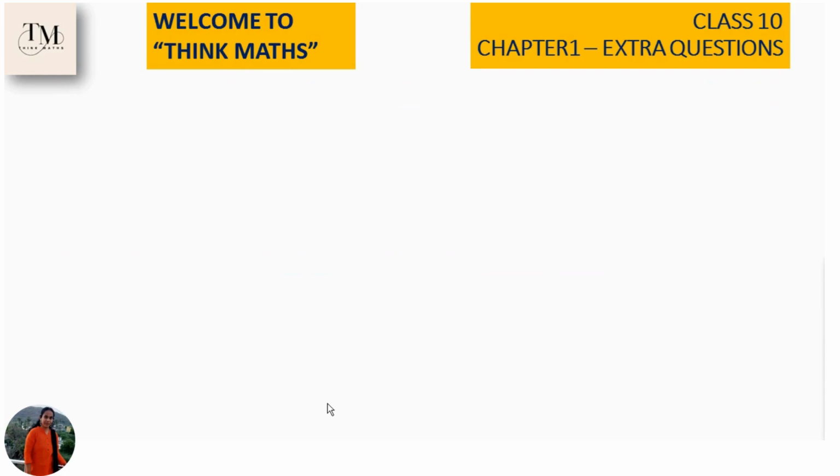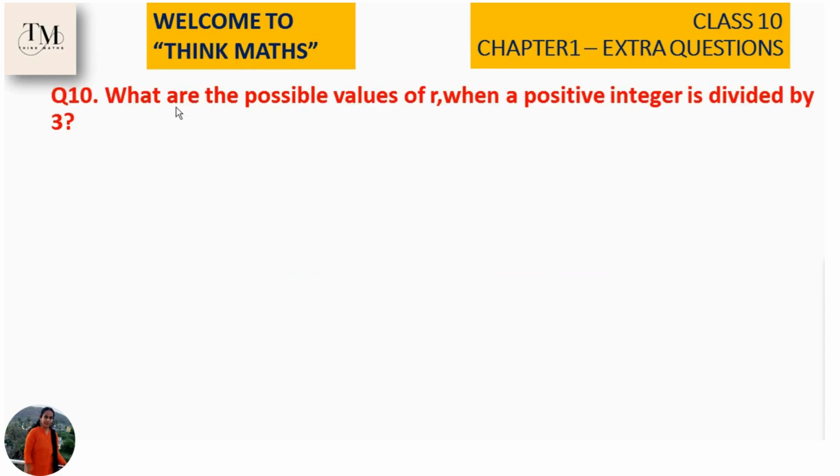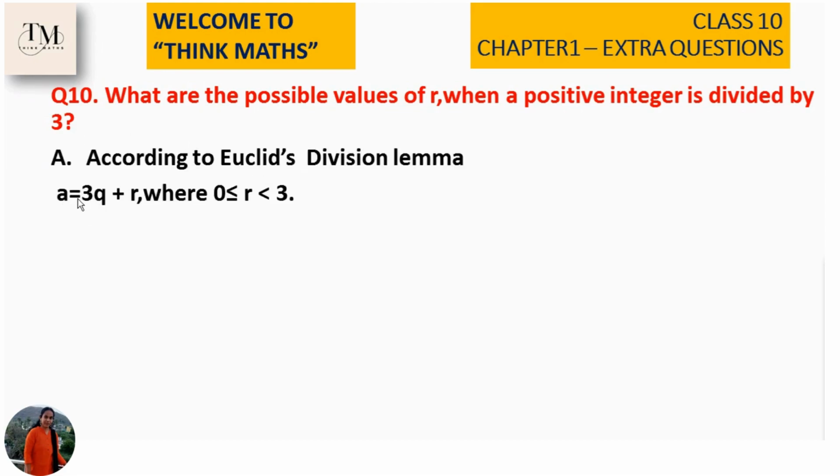Okay. So next question. What are the possible values of r when a positive integer is divided by 3? This is by Euclid's division lemma. Here we have to take the value for b as 3. According to Euclid's division lemma, a is equal to 3q plus r, where r takes the value greater than or equal to 0 and less than b.